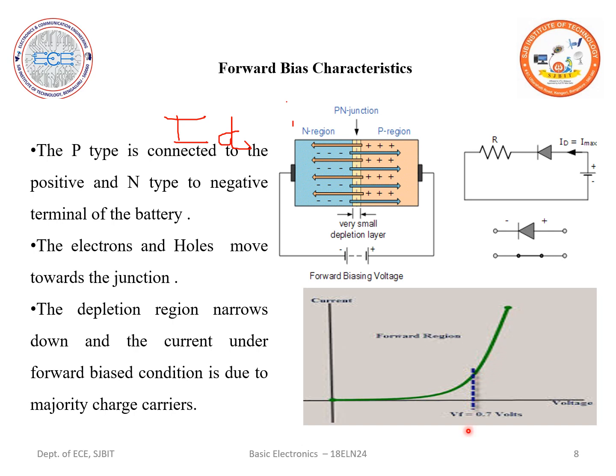The threshold voltage for silicon is 0.7 and for germanium is 0.3. This is about the forward bias characteristic. In forward bias, the diode is going to conduct and act as a closed switch, and there is a flow of current due to the majority charge carriers.